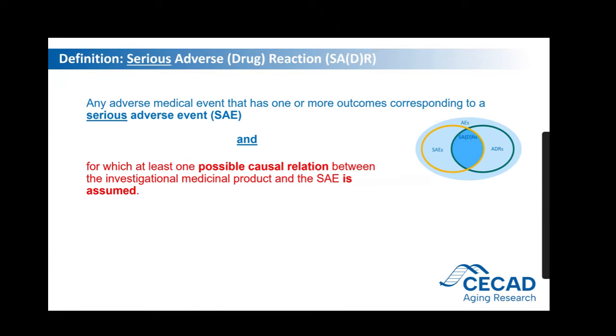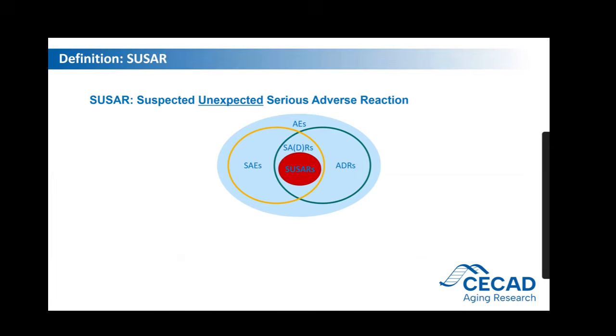So it is any adverse medical event that has one or more outcomes corresponding to a serious adverse event, so matches one of the 5 points, and for which at least one possible causal relation between the investigational medicinal product and the SAE is assumed. So again, we have any AE that is serious and that is in connection to the IMP. And this is what we then call SADR.